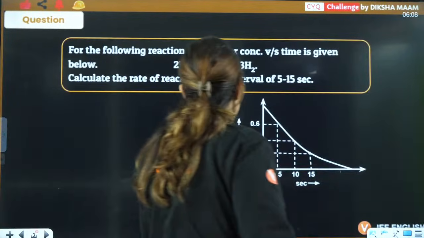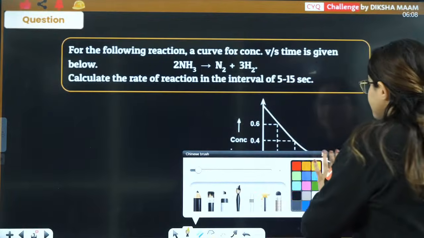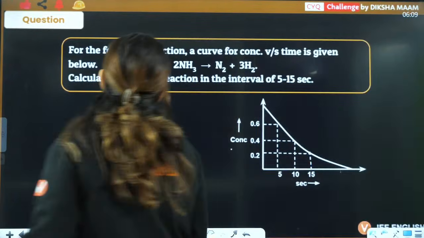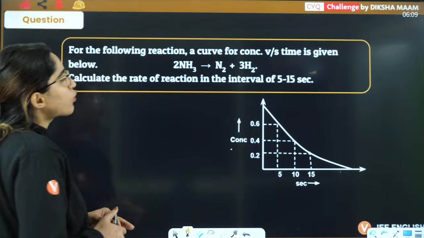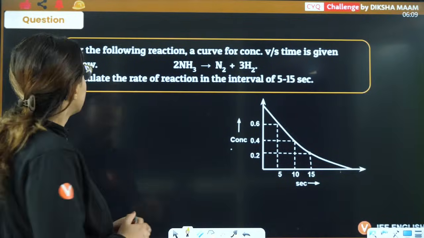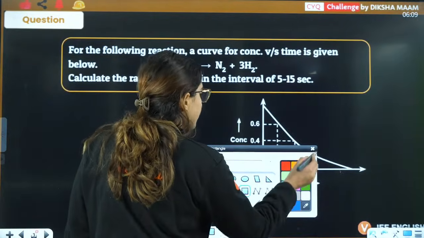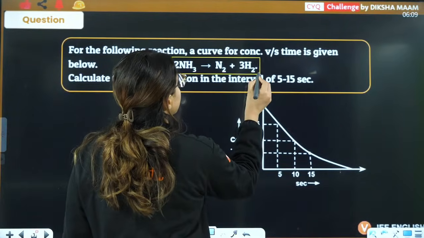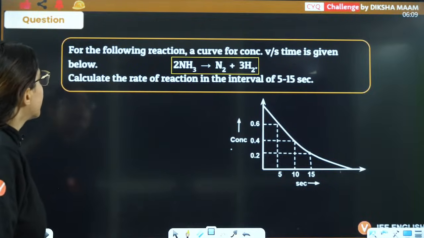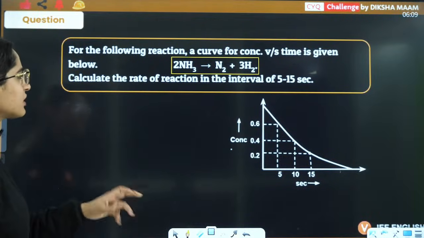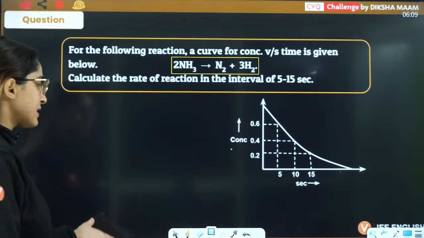The first question on your screen: for the following reaction, a curve for concentration versus time is given below. Calculate the rate of reaction in the interval of 5 to 15 seconds.